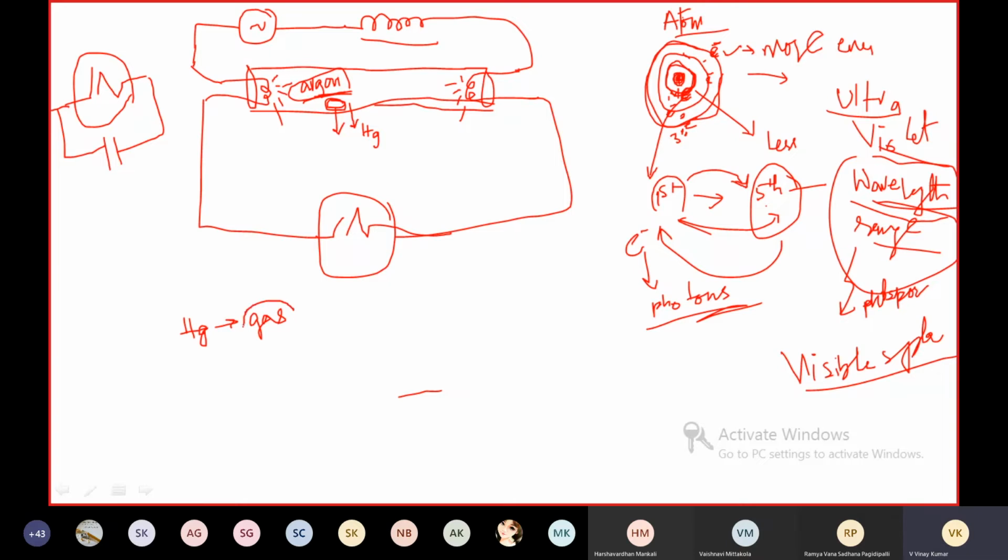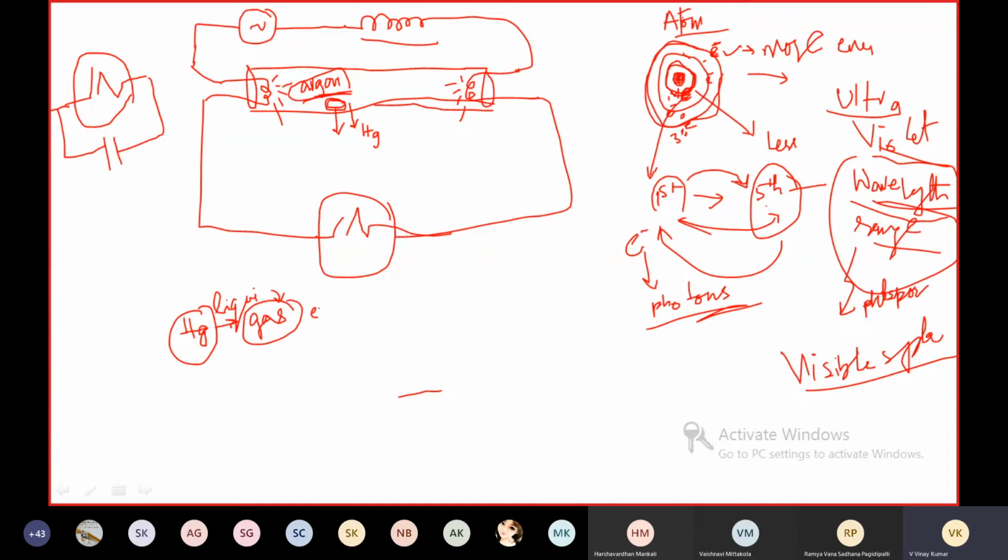This mercury changes from liquid state to gas state because of heat energy.